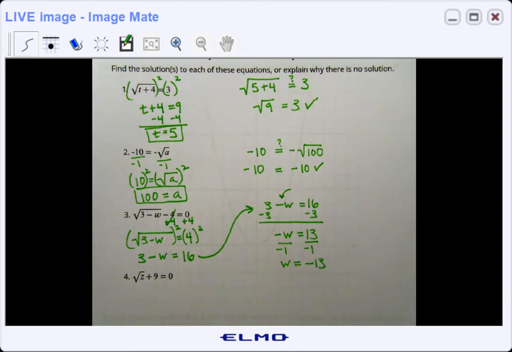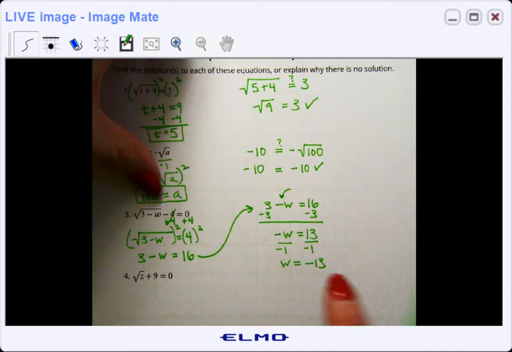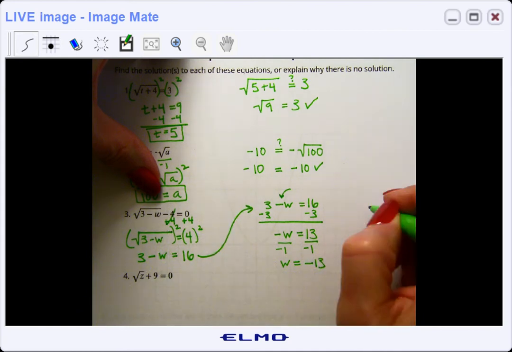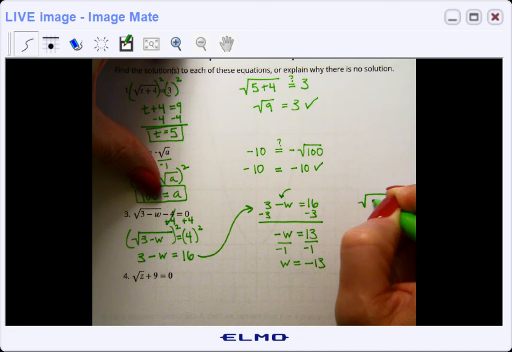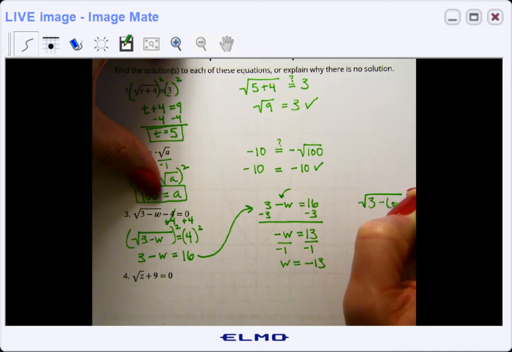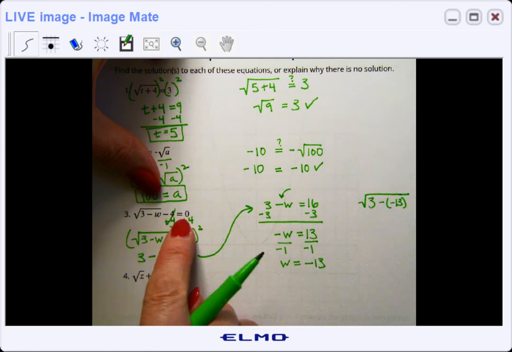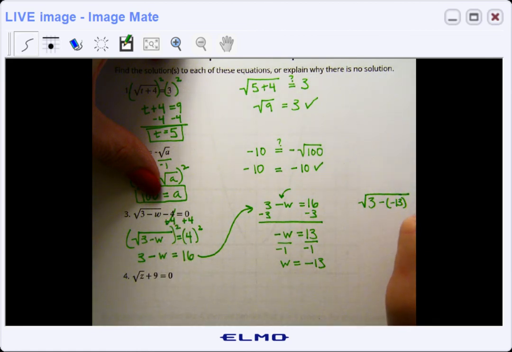Okay, so now we're going to check. If I put negative 13 here, does this work out? So I want to completely use the original equation. Don't make any changes to it. The square root of 3 minus w, minus 4, does that equal 0?